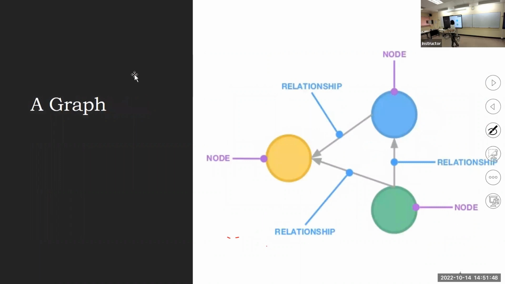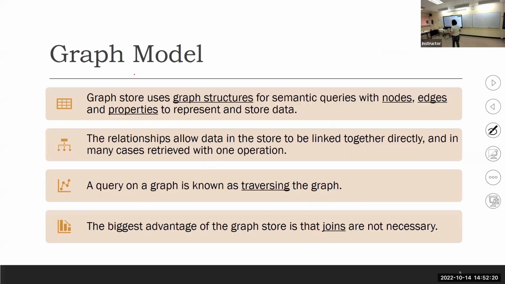And then in terms of a graph, it is one of the data structures that I believe you learn in even your undergraduate course on data structure and algorithm, or your master course on the same subject, or even you have not learned in any previous courses before. It is also one of the very straightforward structures and models that you can easily understand.